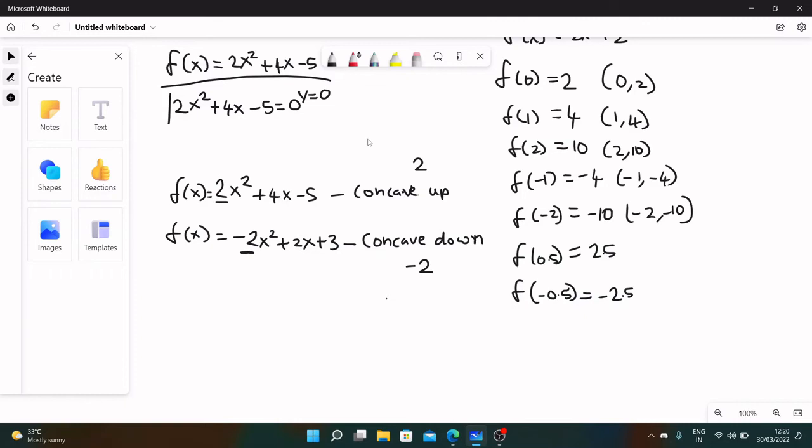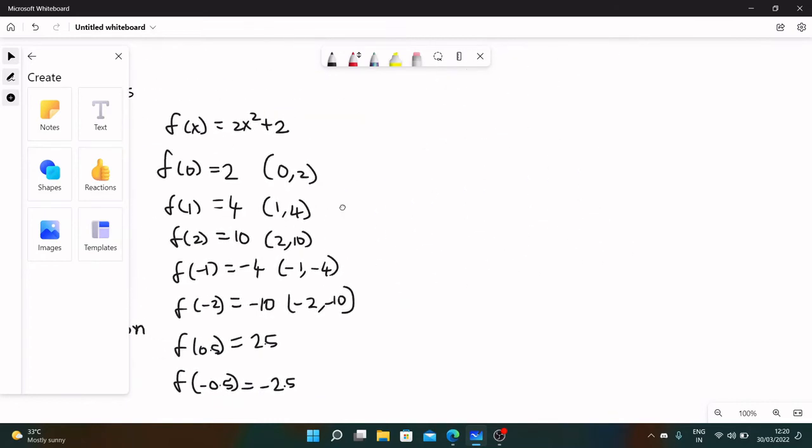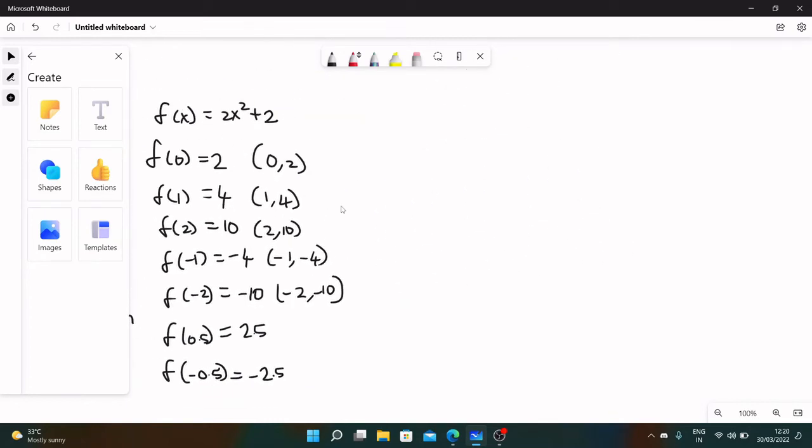Now let's try and find the domain and range of a few parabolas. Our first one, f of x equals minus 2x squared plus 2x plus 3. We need to find the domain and we need to find the range.